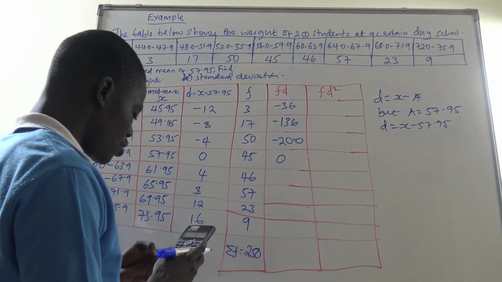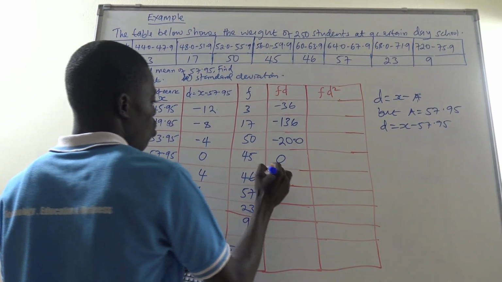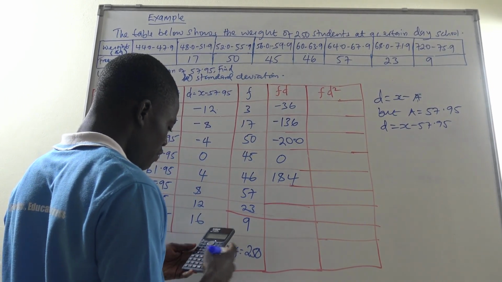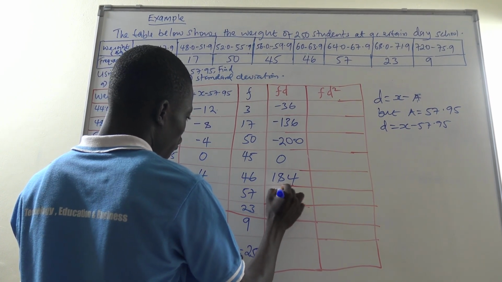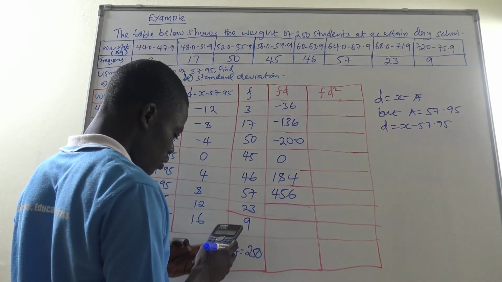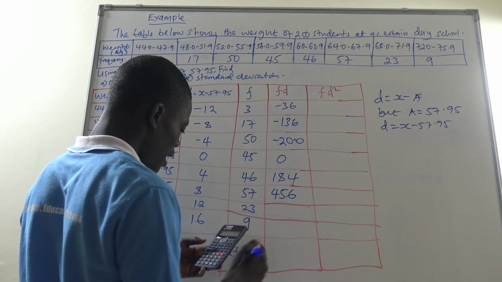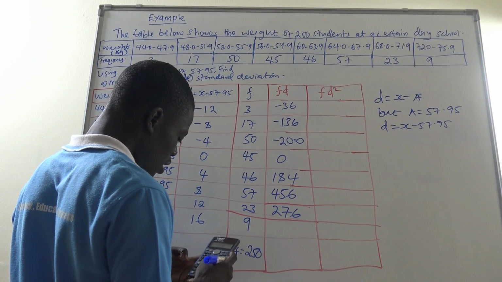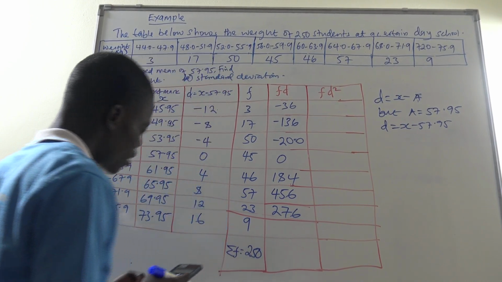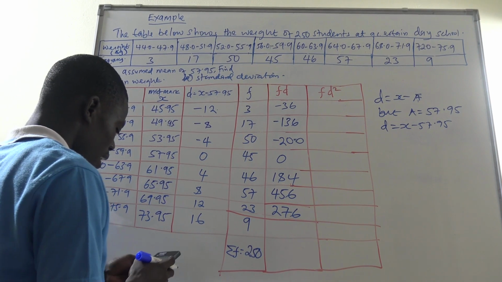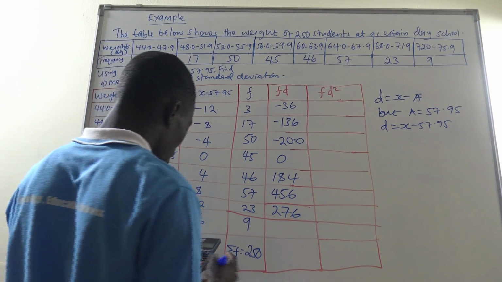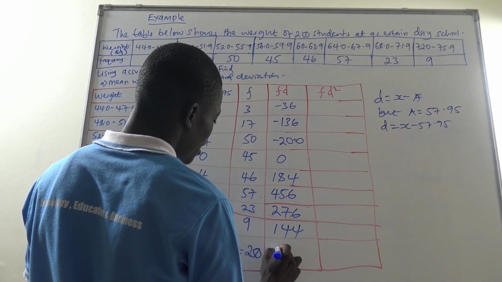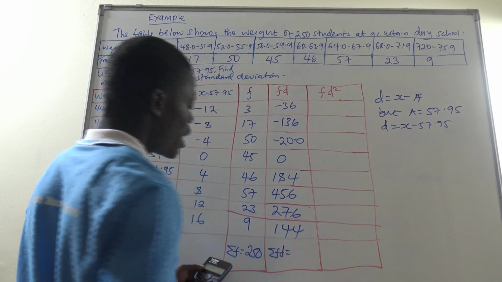Then 46 times 4, we get 184. Then 8 times 57, we get 456. Then 12 times 23, we are getting 276. Then 16 times 9, we are getting 144. Immediately after finishing that, you come and get the summation of FD.